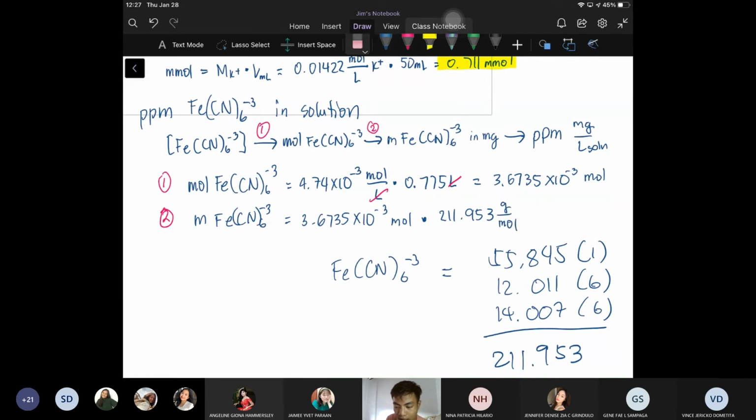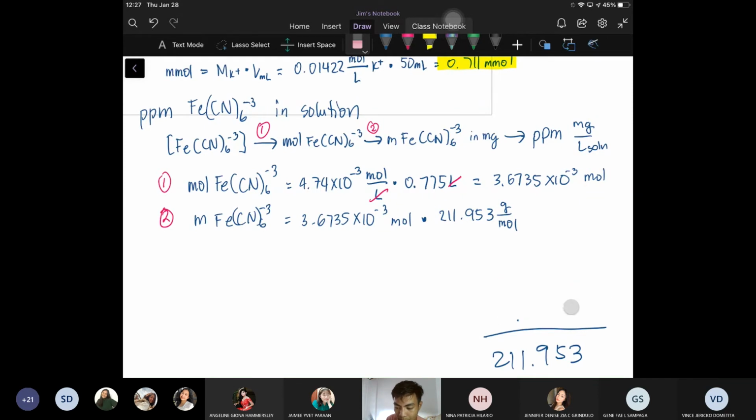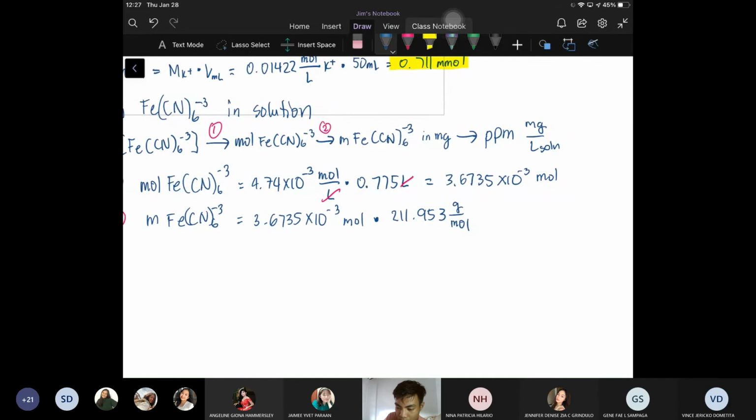Okay, so ganun na. Kunin nyo yung molar mass niyan. Times 3.6735 times 10 raised to negative 3. So, ito na yung grams ng solute na yan sa ating solution.